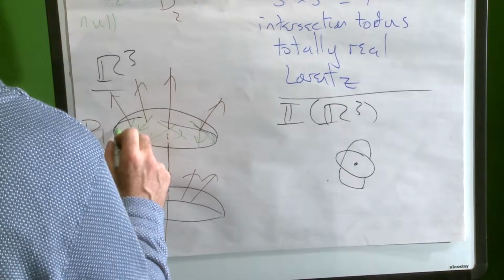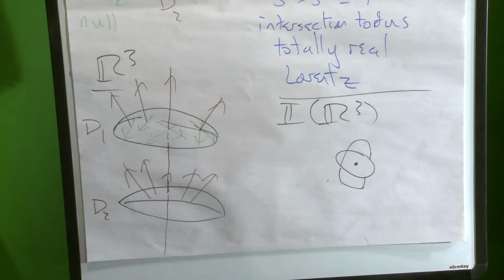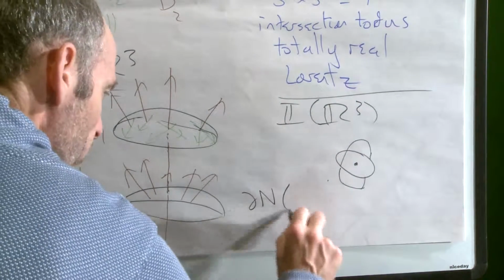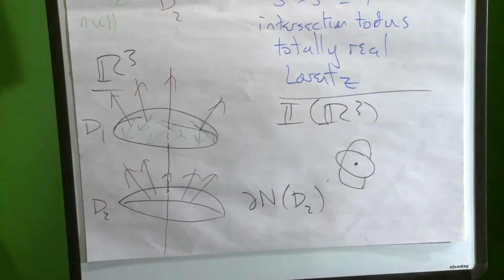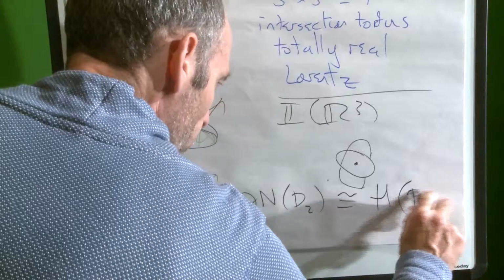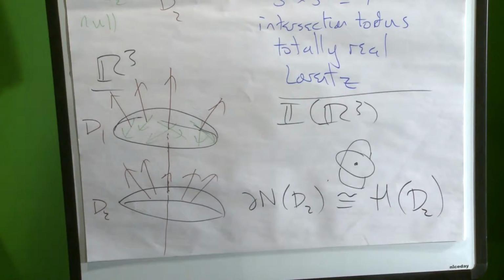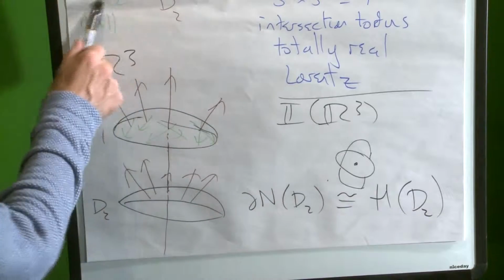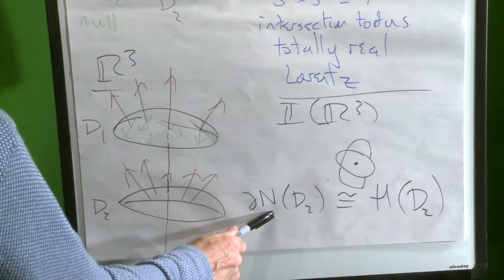So in our model, the regular normal neighborhood of your disk is exactly the same as the hypersurface of tangent lines to that disk. This is where the null surface comes in: we know the boundary of this normal neighborhood is null.